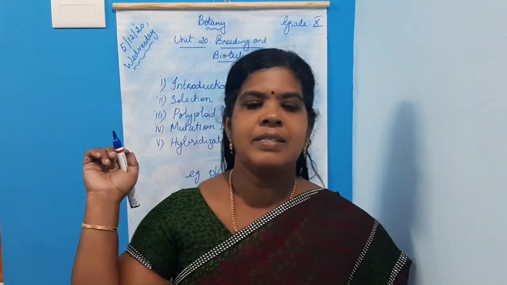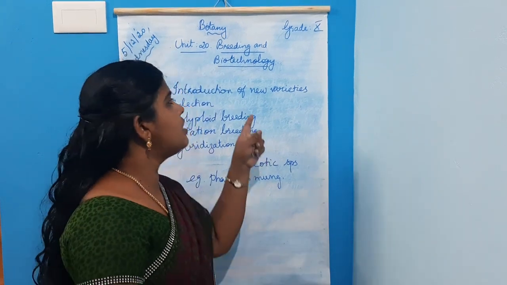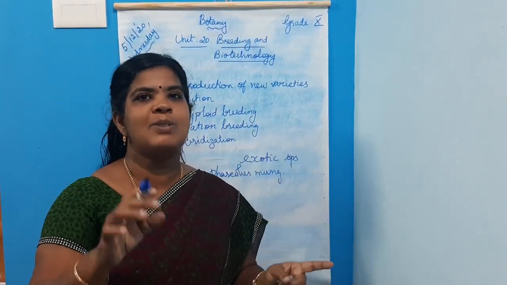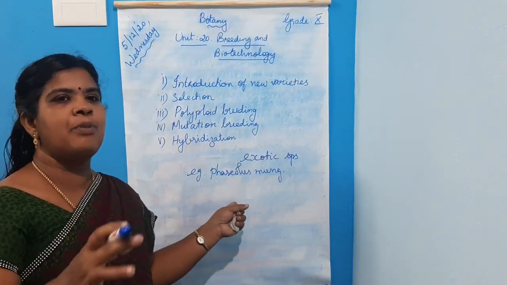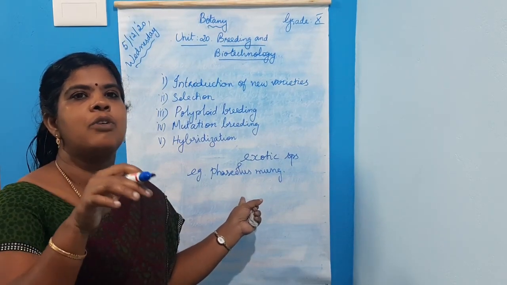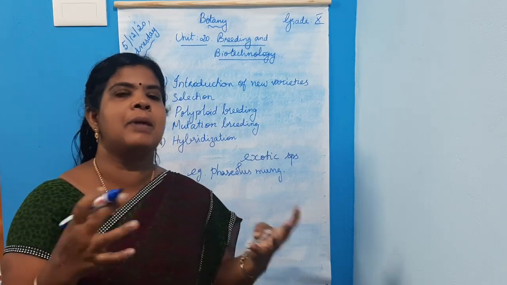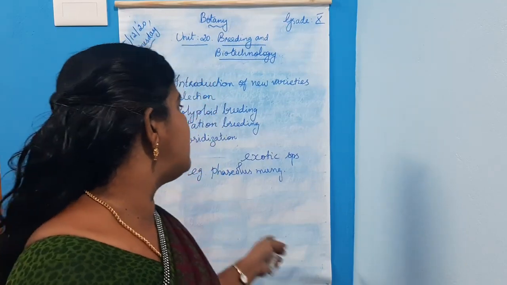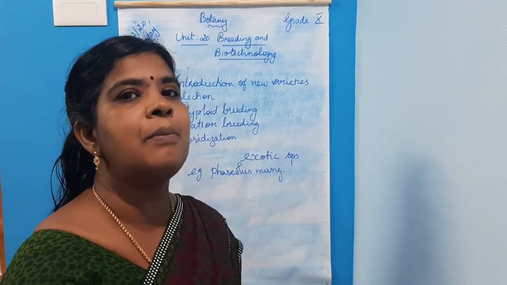So varieties introduced from one place to another are called exotic species, and before introduction they should undergo testing in plant quarantine, because sometimes the plant may carry pests or diseases.